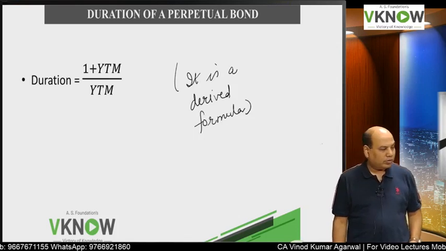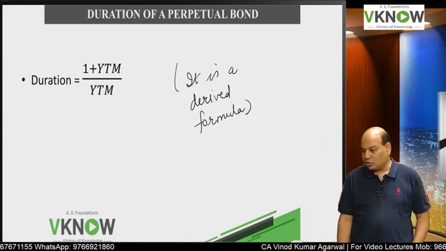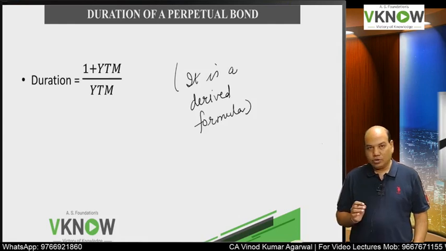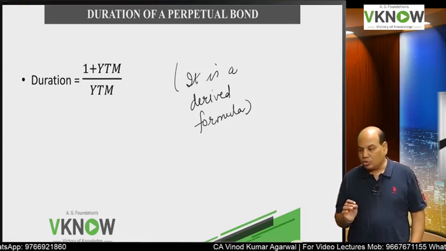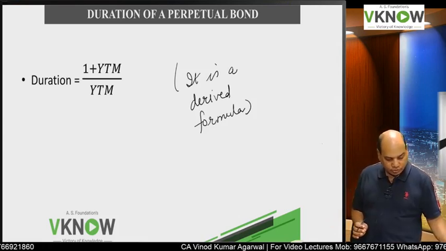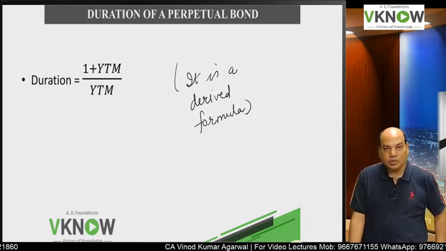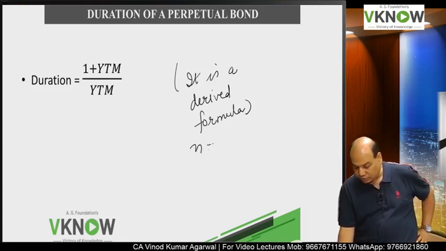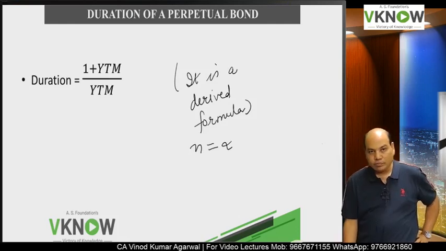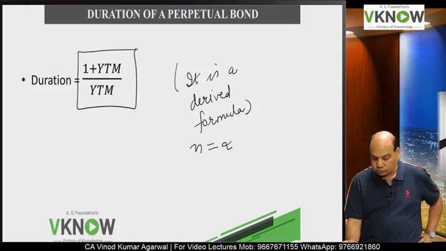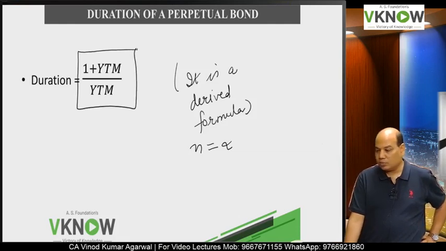We will not derive the formula in the classroom, it is not required; it will require some more mathematical skill. So duration will be equal to (1 plus YTM) upon YTM. Very simple formula. When the number of years becomes infinite, the formula is reduced to (1 plus YTM) upon YTM.